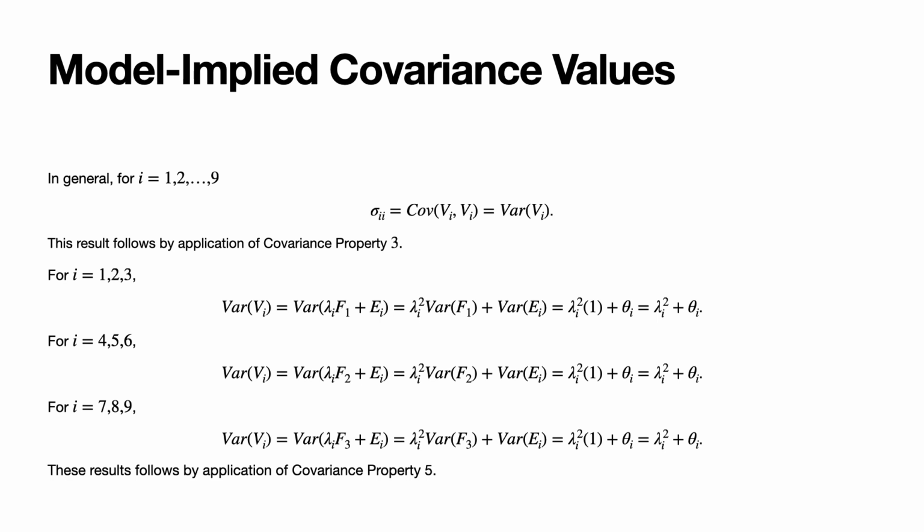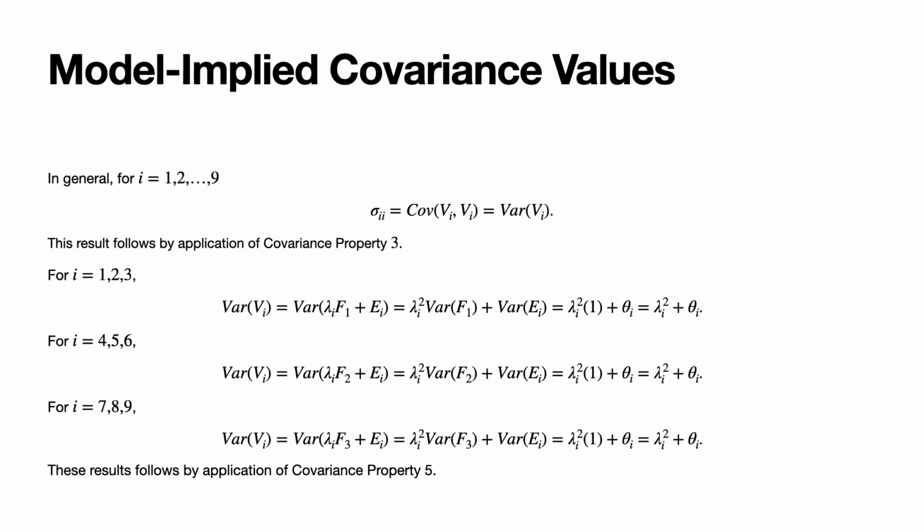Now, for i going from 1 to 3, the variance of V sub i is equal to the variance of lambda sub i times F1 plus E sub i. Now that is equal to lambda sub i squared times the variance of F1 plus the variance of E sub i, and that turns out to be lambda sub i squared times 1, where the 1 is the variance of F1, plus theta sub i, and so the variance of V sub i is equal to lambda sub i squared plus theta sub i.